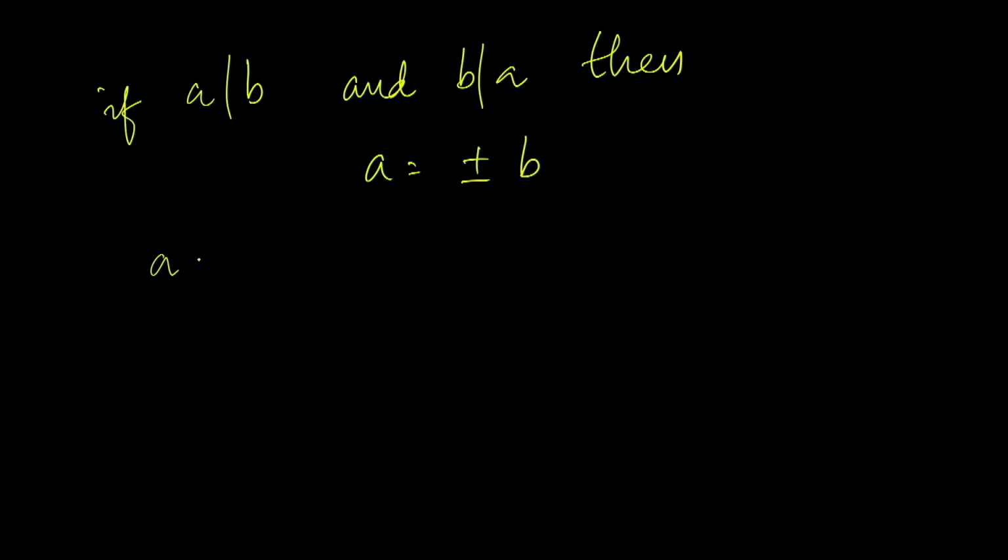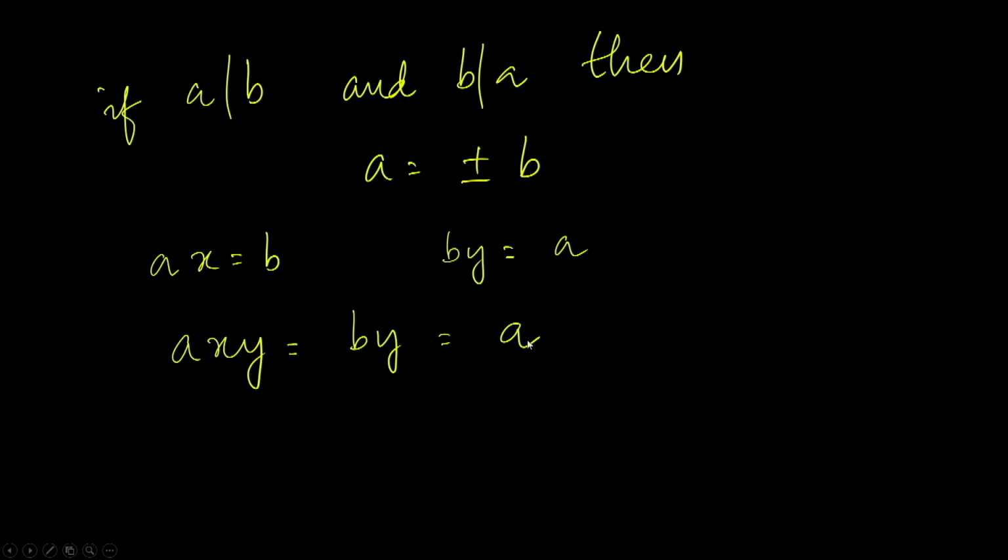If a divides b, then a into x is b for some x which is an integer, and if b divides a, then by is a for some integer y, then axy is by, which is a, where both x and y are integers. So, there exist integers x and y so that axy equals a, or in other words xy equals 1.